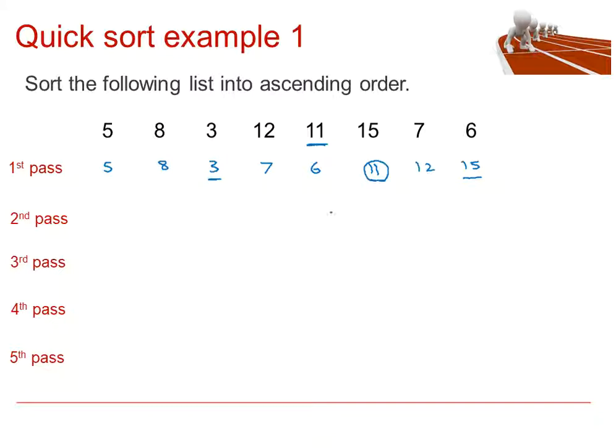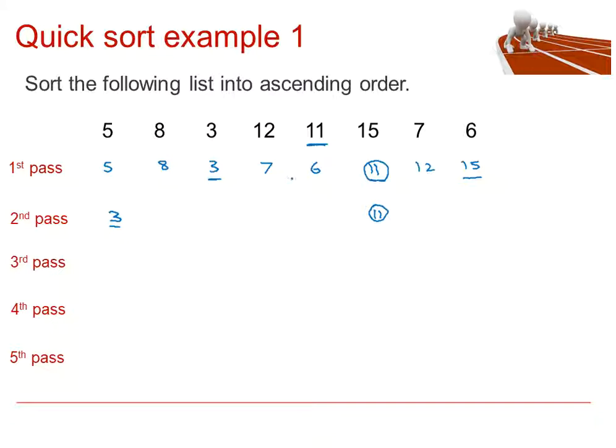So doing this first sublist, we know 11's in the right place, so you can put that in straight away if preferred. So looking at our pivot point of 3, all the numbers in the sublist smaller than 3 will go to the left, and the bigger numbers will go to the right. In this example, there are no elements smaller than 3, so nothing goes to the left of 3, so that means we position our pivot afterwards.